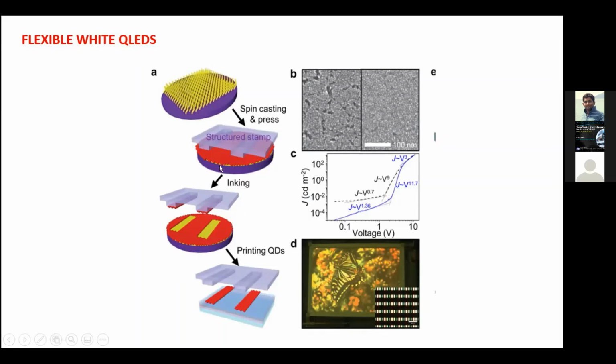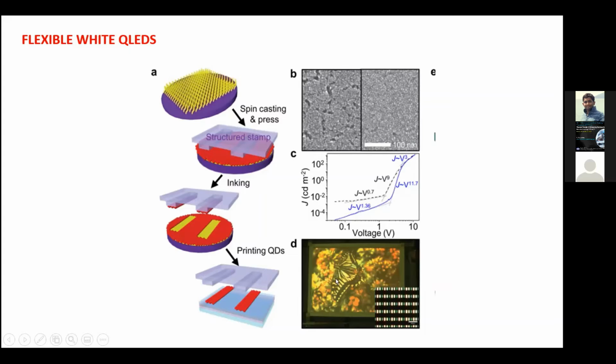Then we need to make some structure, which is a template. You put it on the surface so the dots attach to these places, then take it out and print it onto another substrate. In that way, you get different patterning of the quantum dots.